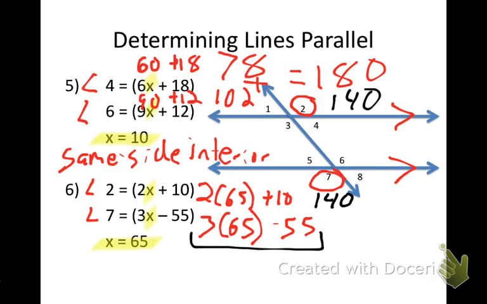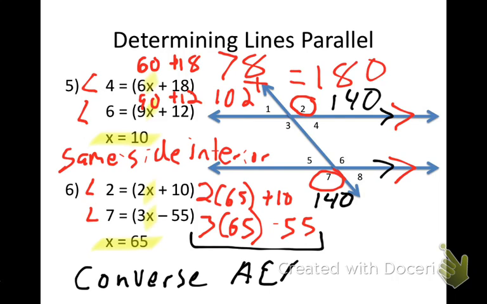So both those angles are 140, which now means my two lines are parallel based on what converse postulate, Ryan? Alternate exterior angles. Nice job. Again, same idea, using that same vocabulary from Friday and Monday.